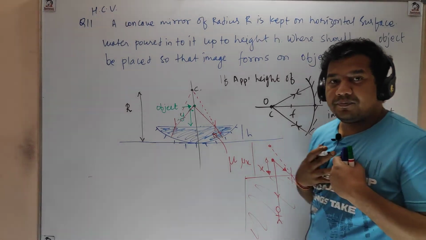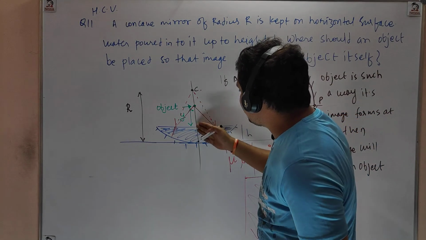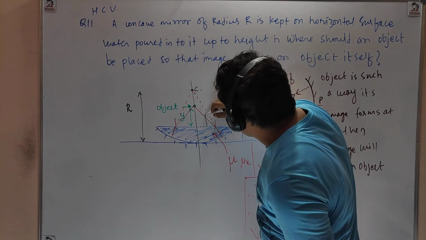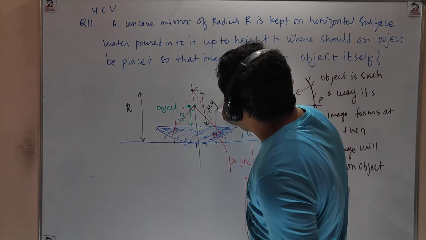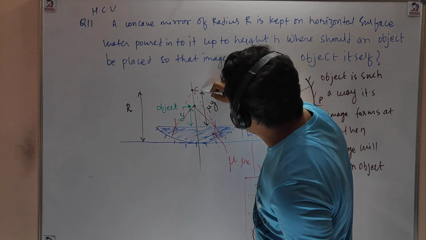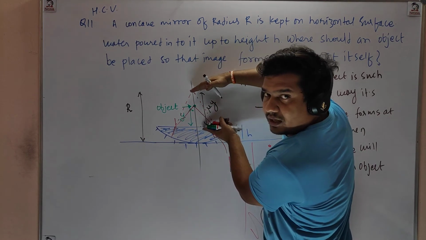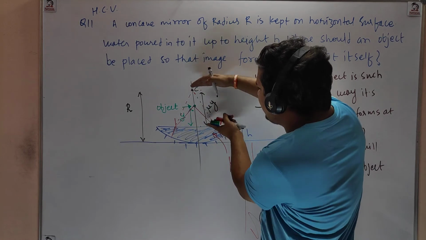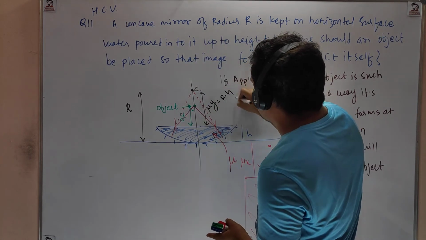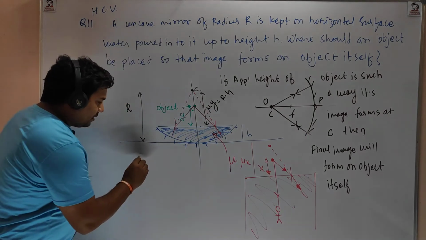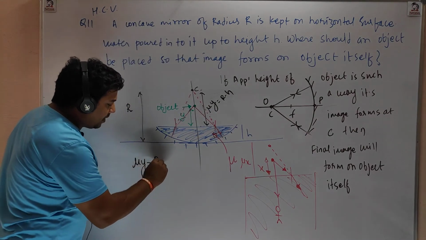What I mean to say, the actual height of the object is y, but the apparent height is mu y, and the apparent height must be equal to this distance, and this distance is equal to r minus h. So mu y is equal to r minus h.